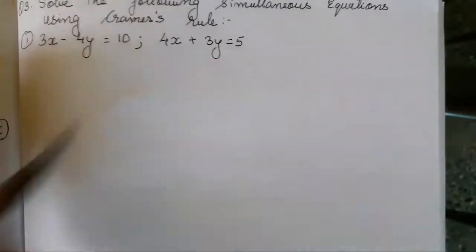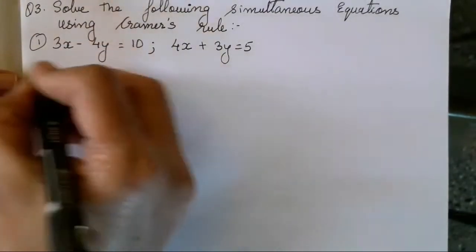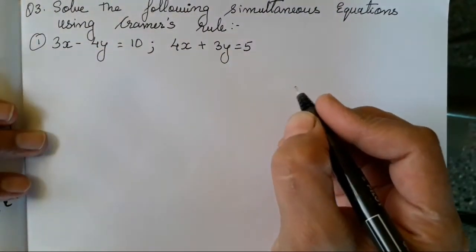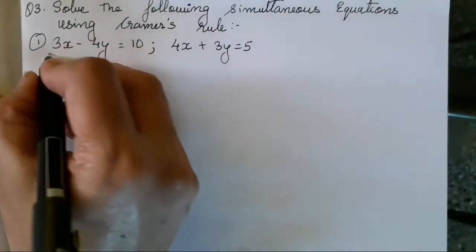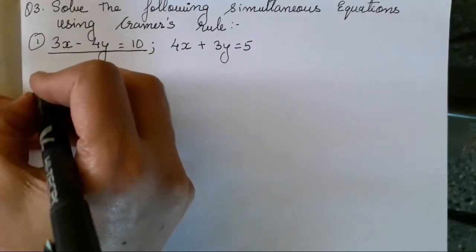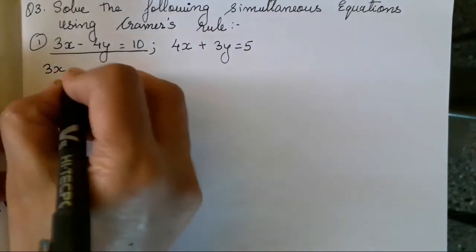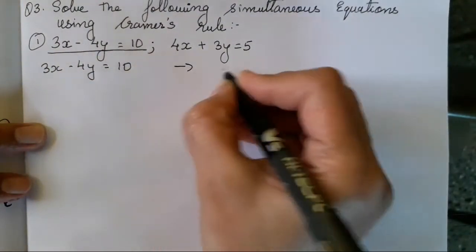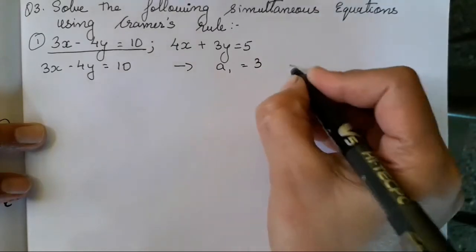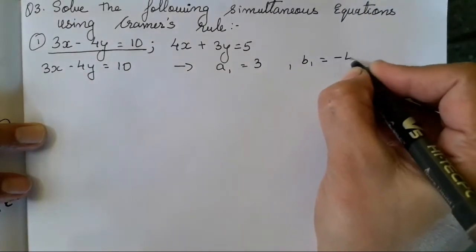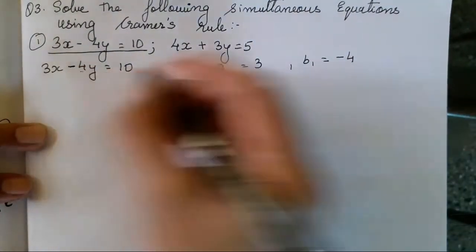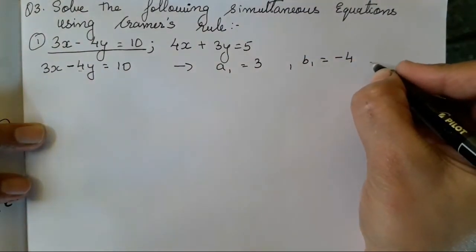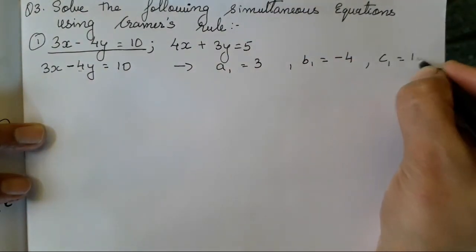Okay, so what you all have to do over here is, first you all have to take A1, B1, C1. Okay, so what is A1? We are going to get A1 from this equation, that is 3x minus 4y is equal to 10, means A1 is 3, B1 is minus 4. Along with the sign you all have to take the numbers. Okay, and C1 is equal to 10.